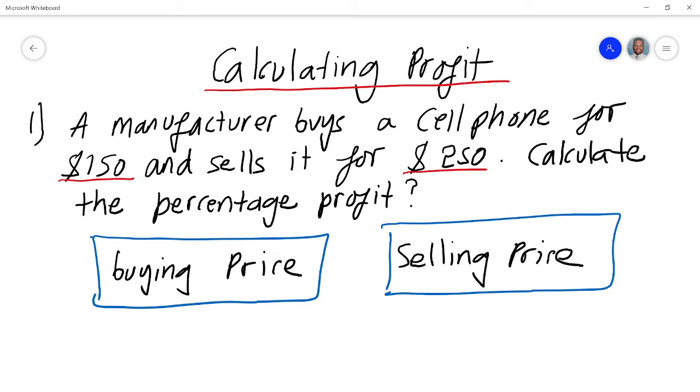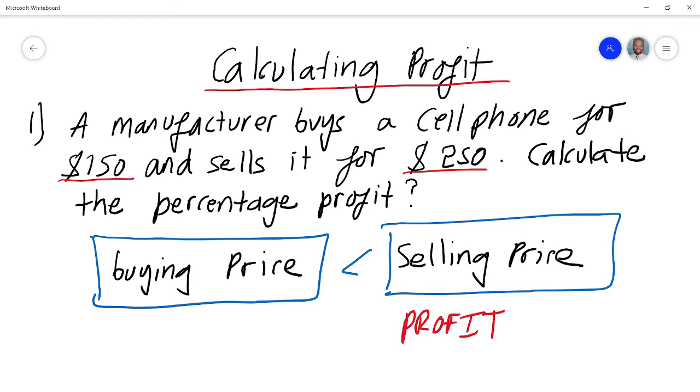Now, if your selling price is greater than your buying price, you make a profit. If you sell at a higher price than your buying price, you end up making a profit. That's how whole businesses operate, how grocery stores, electronic stores, and retail stores operate.